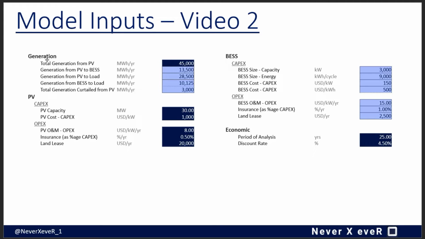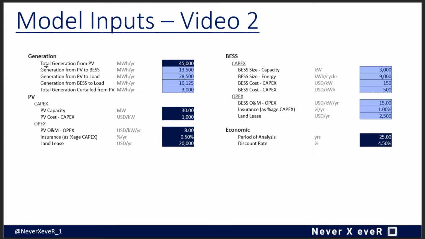Right off the bat, the first thing to consider are the different energy streams that we're going to have. Now the assumption is that our solar PV, our photovoltaic system, is going to produce electricity not only to deliver to the load, but also to deliver to the battery system. And whenever the load requires energy that is not coming from the PV, the energy will be delivered from the battery system.